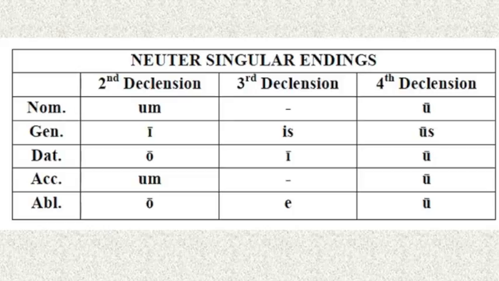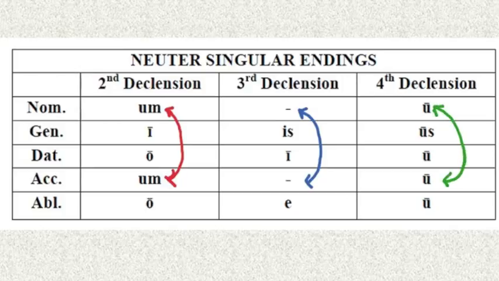For example, for the second declension, they both have an um ending. For the third declension, whatever happens on the blank is repeated again down for the accusative singular. And for the fourth declension, the u is repeated from the nominative and the accusative. Once again, the nominative and accusative singulars should be identical for the neuters.